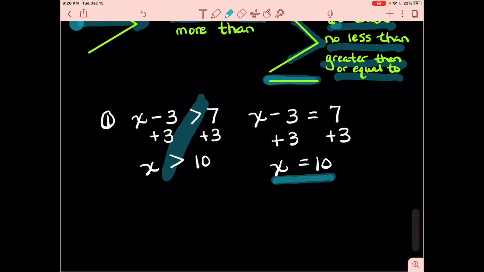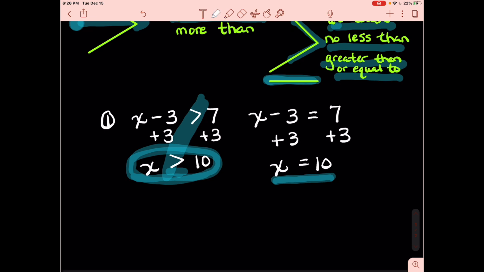It's better to write x equals 10, but I would know what you meant if you just said 10 to me. Over here, it's a problem. You need to say x is greater than 10 because x doesn't ever equal 10. It might be 10.1 or 11 or 20 or 50 or 5 million, but it's a lot of numbers. So make sure that you keep the sign that goes with that.